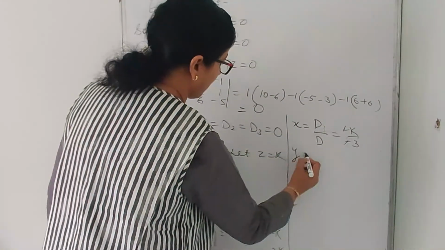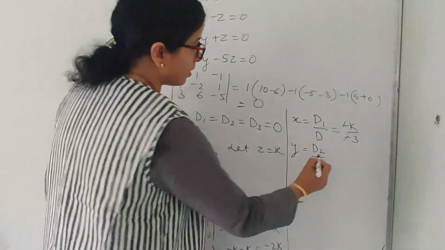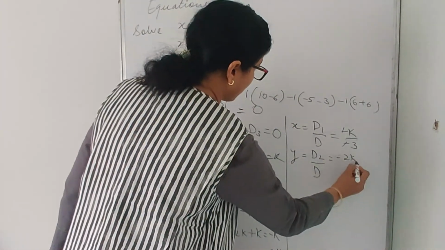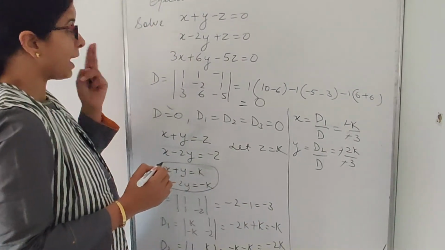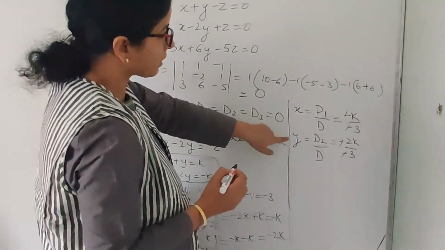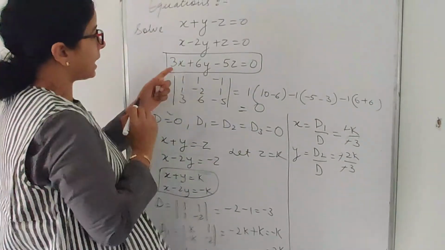What is my y? D2 by D. What is the value of D2? Minus 2k by minus 3. Right? Now I will check whether these two values satisfy my third equation. This is my third equation. I'll substitute the values.